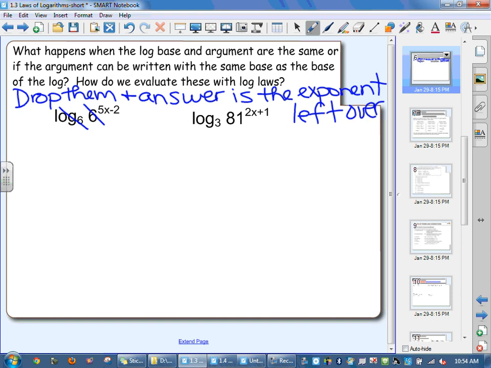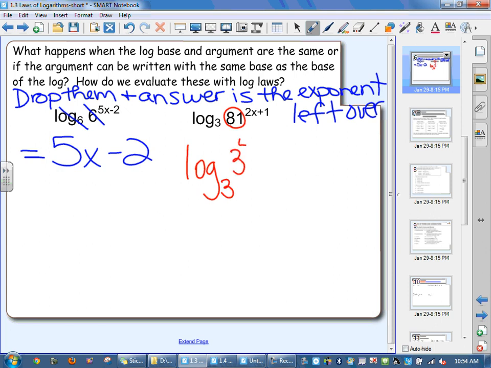If I look at the right-hand side, I know that 81 can be written as a base 3. It's 3 exponent 4. So I rewrite my log as log base 3 of 3 to the 4th power. Then I have an exponent already on my 81. So I need to multiply the 4 into my 2x plus 1.